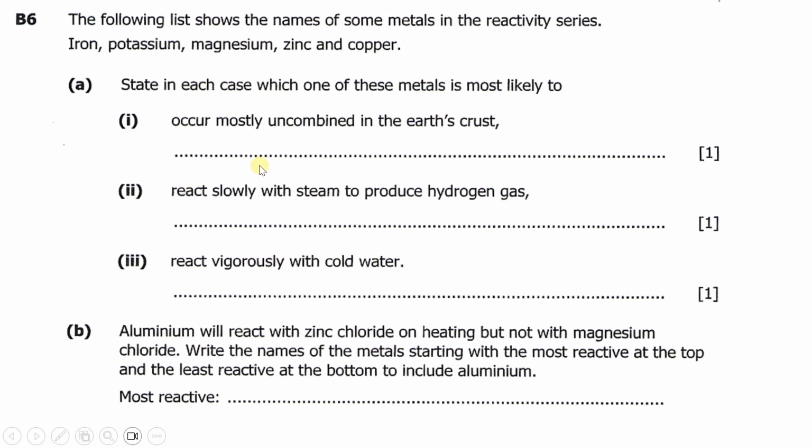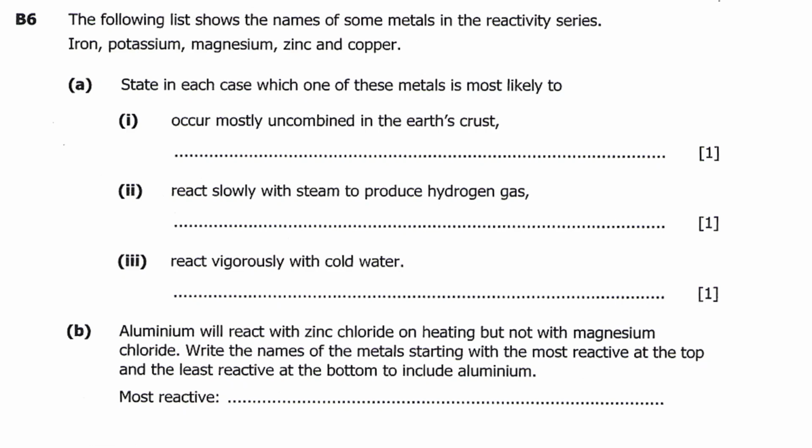Okay, so we have these elements: iron, potassium, magnesium, zinc, and copper. So the metal that is most likely to occur combined among these given here, it can be copper, though copper doesn't occur like that. But why I'm saying so, because when we compare these iron, potassium, magnesium, zinc, and copper, the least reactive metal here is actually copper. But copper, when we study our reactivity series, it is not found among those elements that are found combined.